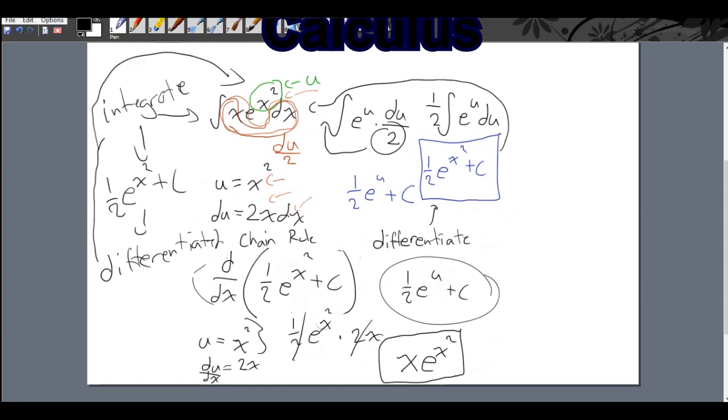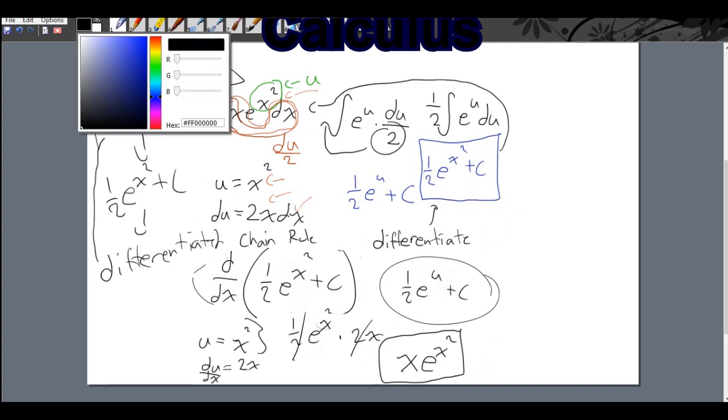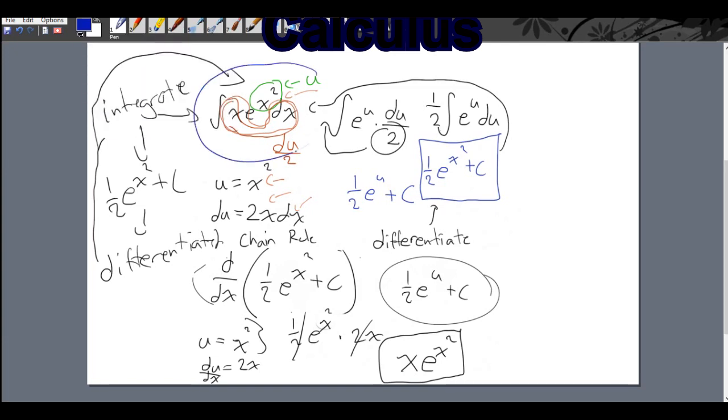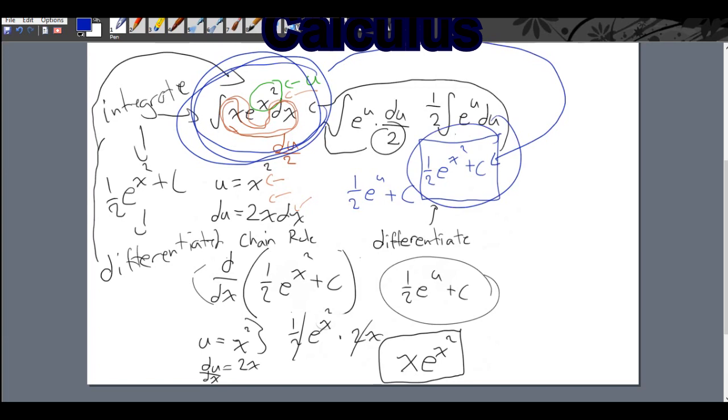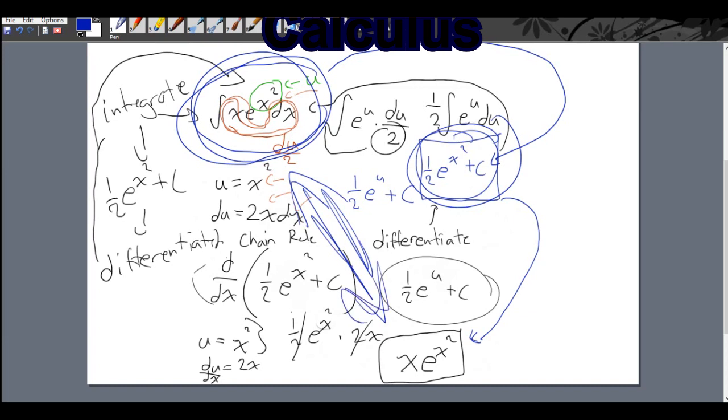So this original function, if it's integrated, gives us this value, but if we differentiate this function here, it goes back to this original function. So in this case, this here is equal to this.